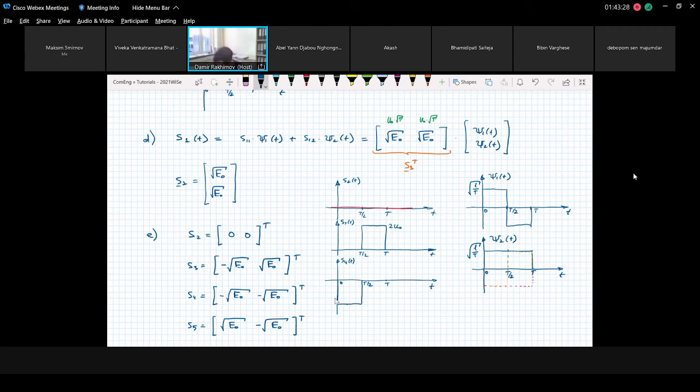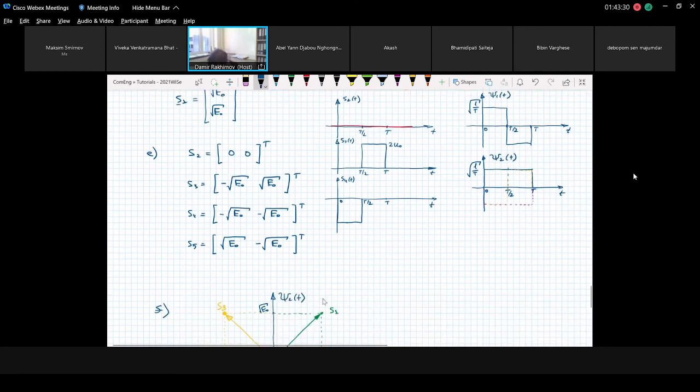And the last signal, S5 of t, we have plus the positive part of first basis function and minus second basis function.